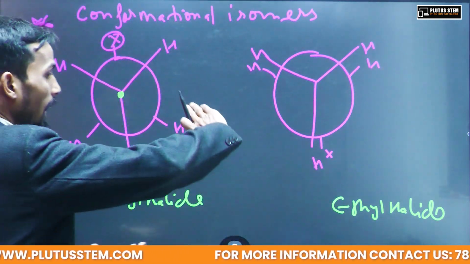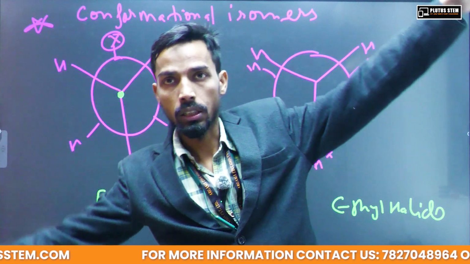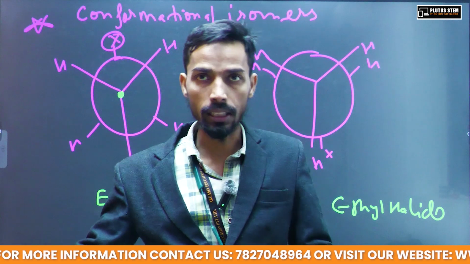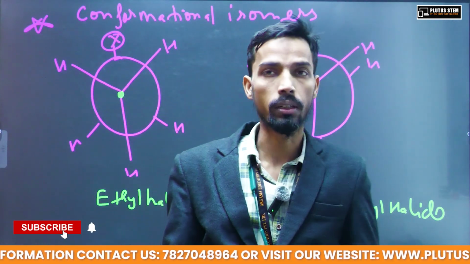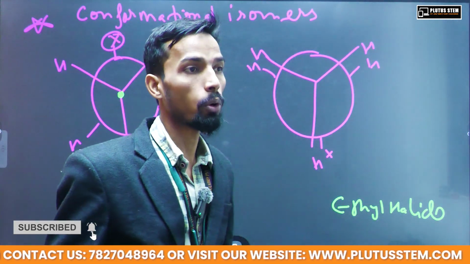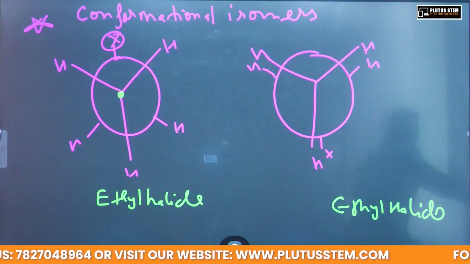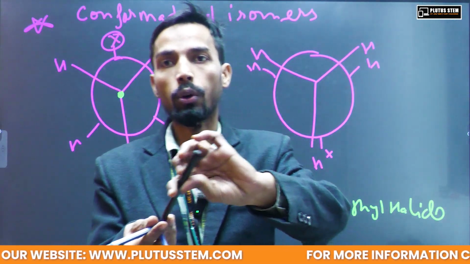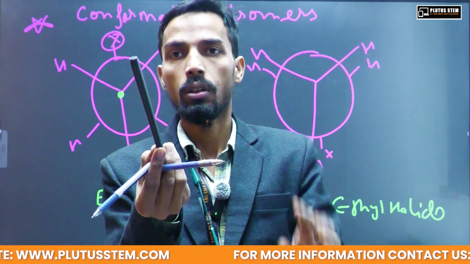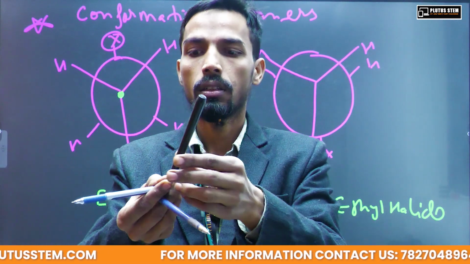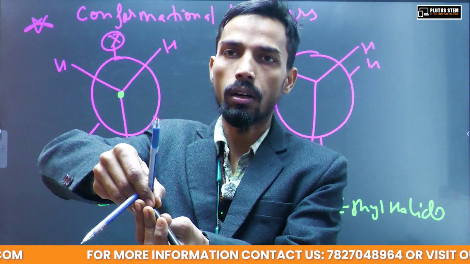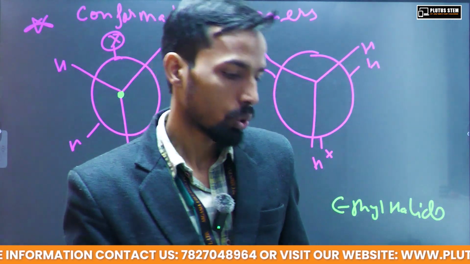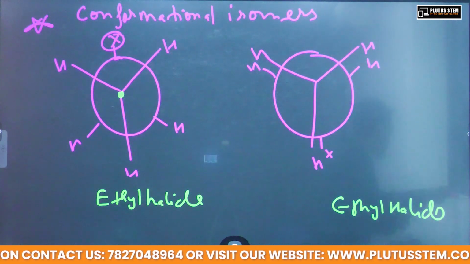But here, these hydrogens rotate. This comes over here, this one is going over there. So here is the rotation of these hydrogens. I will show you how these hydrogens are rotating. This one is upside, and after some time it will become like this. So like this, we are going to see the rotation over here.